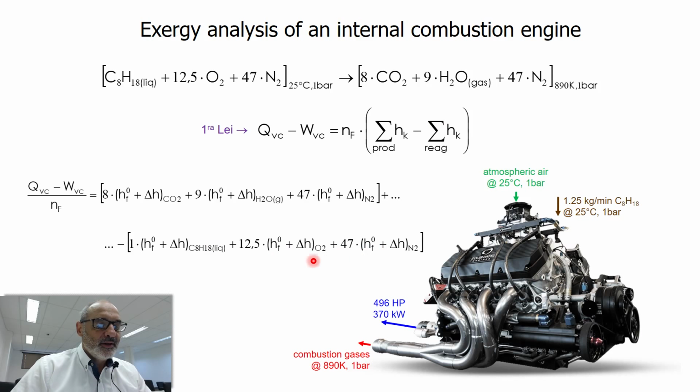Minus the other side, the reagents side. This is fuel's enthalpy. 1 refers to this number 1 here. 12.5. This is O2's enthalpy. So 12.5 refers to this number, and 47.